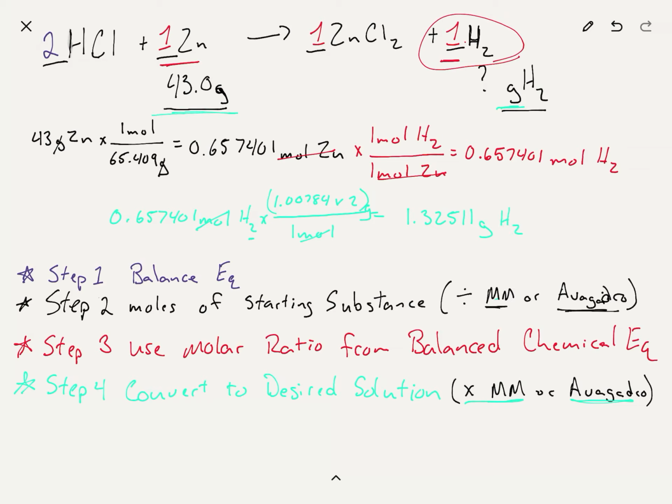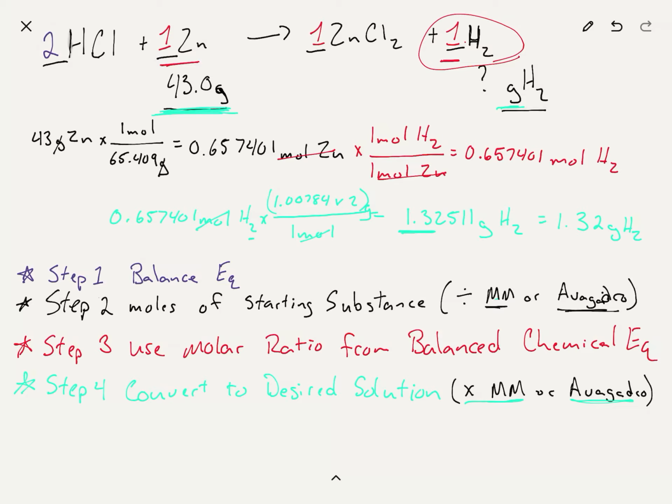In our problem, we started with 43.0, three significant figures, so we're going to look at the first 3 here. So we will end up with 1.3. That 2 is going to stay a 2 because 5s always round to the even number. Grams of hydrogen gas. Okay, so 4 easy steps get us from our starting material to our desired solution.